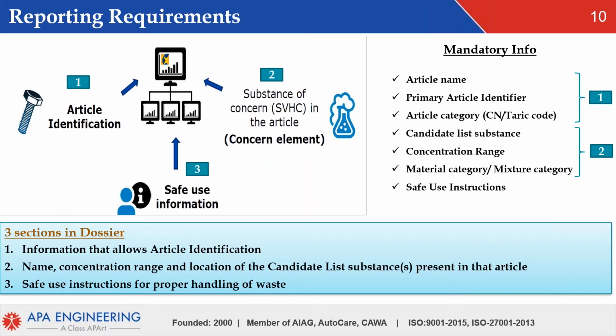These are the mandatory fields that include candidate list substance, concentration ranges, material or mixture category, to provide the substance location details. And the third one is the safe use instructions, which will allow proper management of the article once it becomes waste.